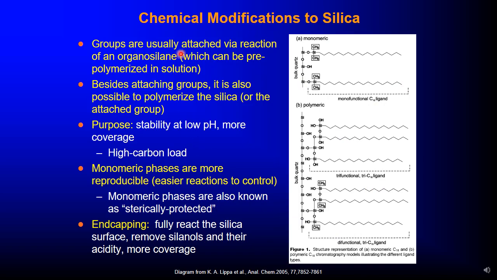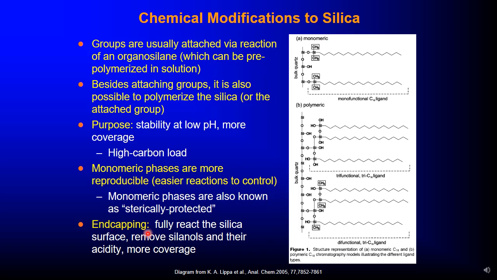Groups are usually attached via reaction of an organosilane, which can be pre-polymerized in solution. Besides attaching groups, it is also possible to polymerize the silica. Purpose: stability at low pH, more coverage. Then monomeric phases are more reproducible, with easier reactions to control.